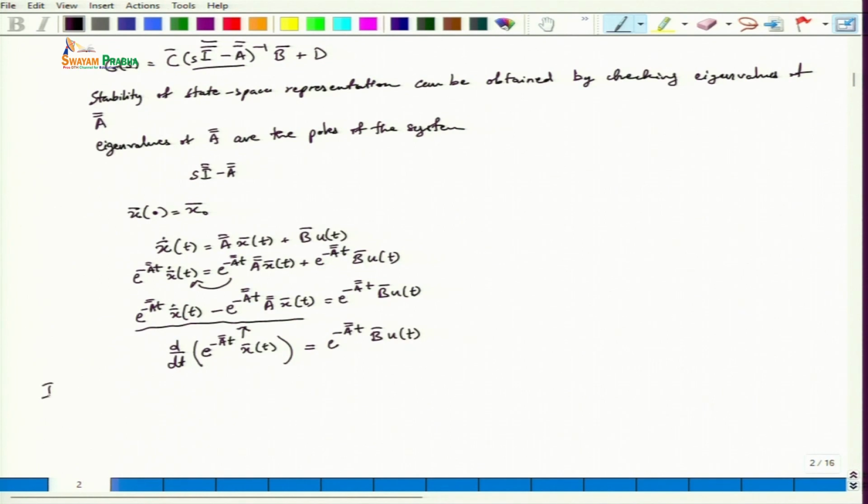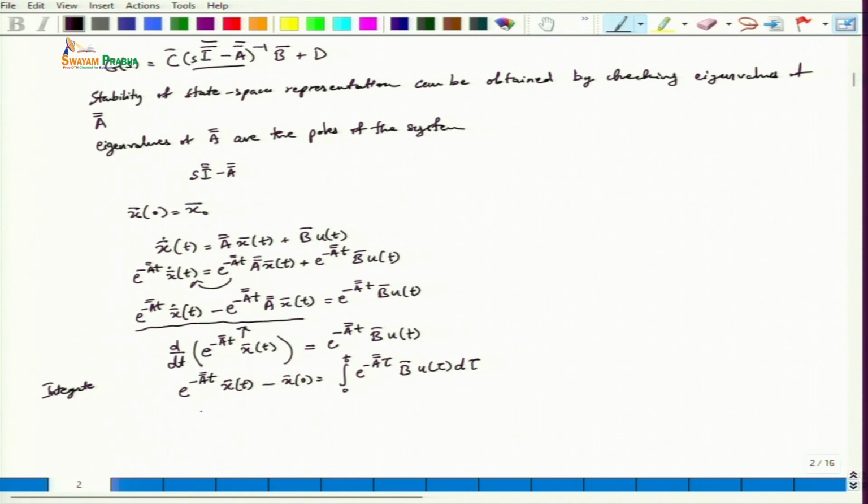So, we will integrate to get e to the power minus At x of t, and our integration limits go from 0 to t. So, if we look at the value at 0, we will just get the initial state, and this will be equal to the integral from 0 to t of e to the power minus A tau B u(tau) d tau.